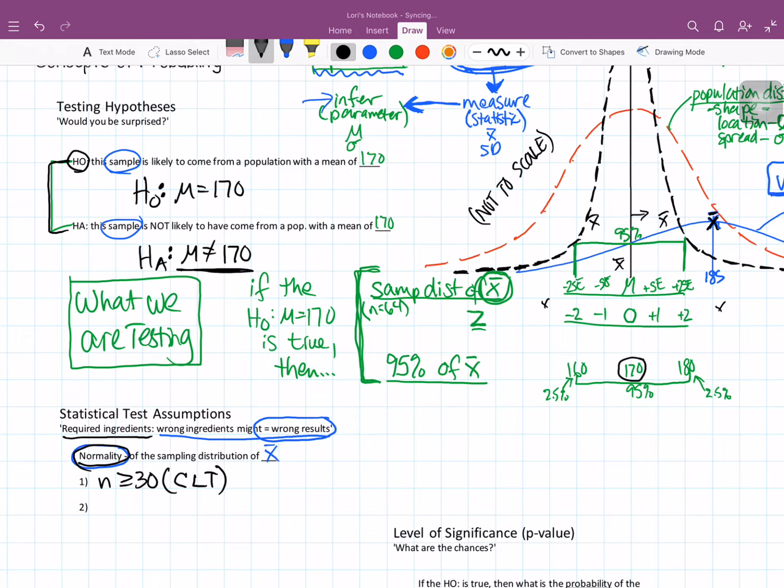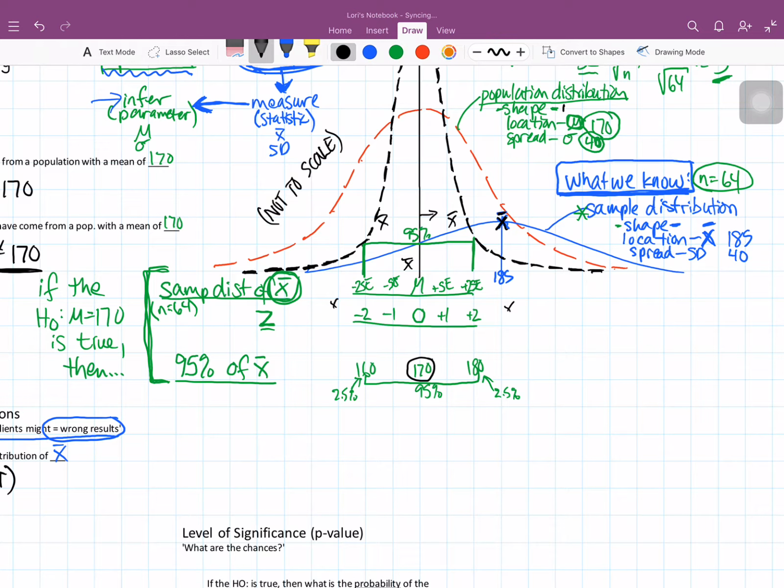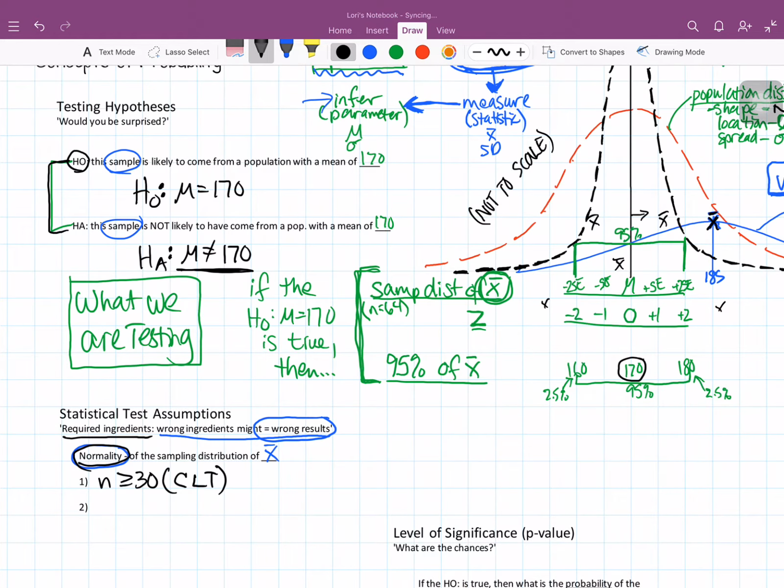There's another situation where that assumption will be true, and that's if the underlying population distribution is normally distributed, regardless of the size. If the population distribution is normal, then this will also be a correct assumption.